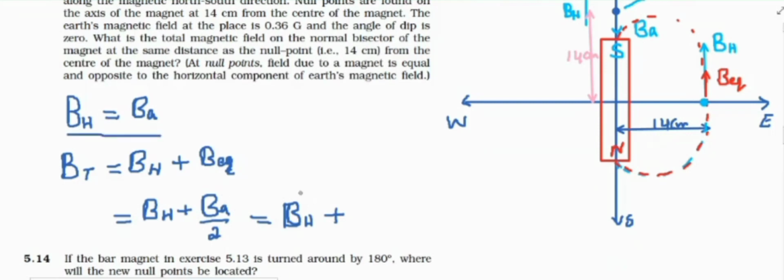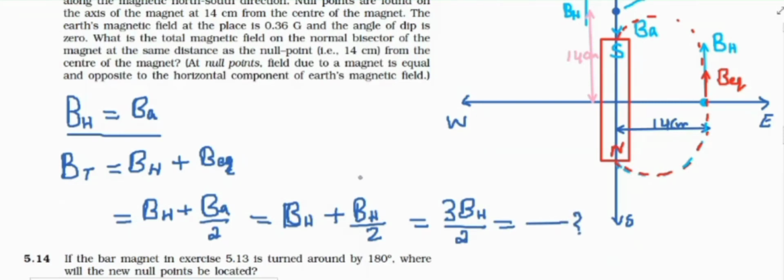B axial is equal to BH, so you will get BH by 2. Therefore, B total is equal to 3BH upon 2. So substitute the value of BH, and you get the answer.